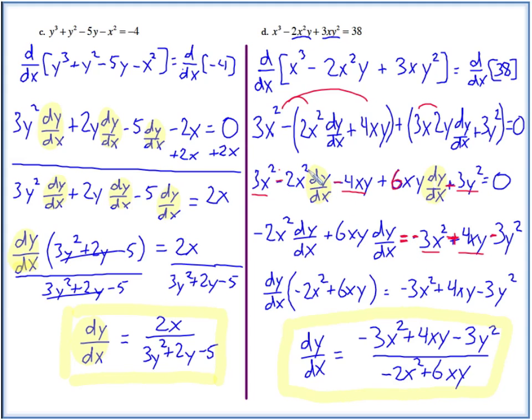And my two terms with the dy dx stayed over on the left. From there, I factored out my dy dx, and you can see this term and this term are right here. Then I isolated dy dx by dividing both sides by this. And there I have my final answer.